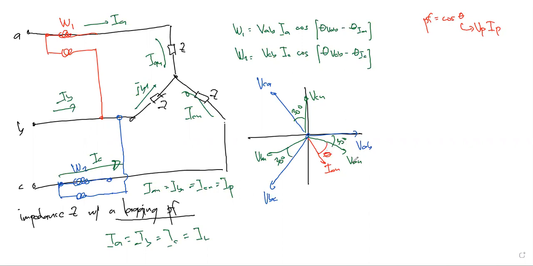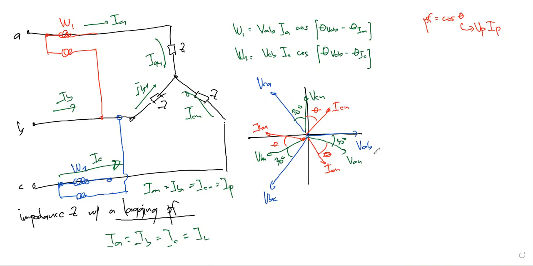And the current ICN lags by an angle theta with respect to VCN. Then the current IBN lags by an angle of theta with respect to the voltage VBN.